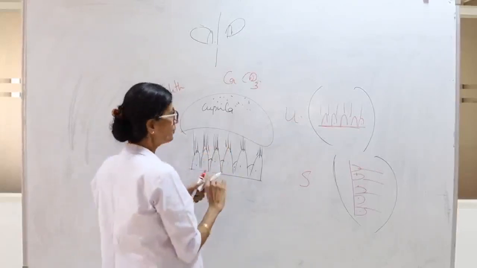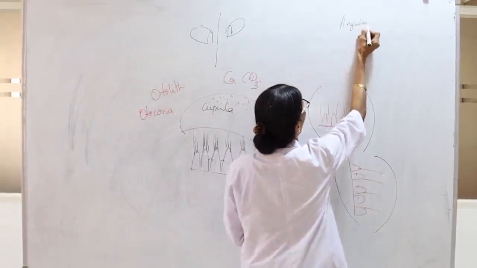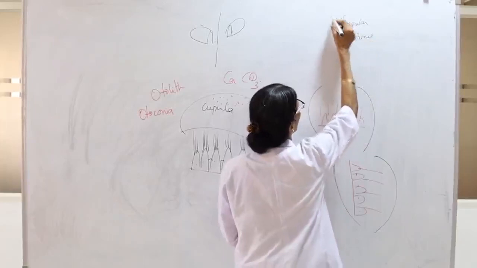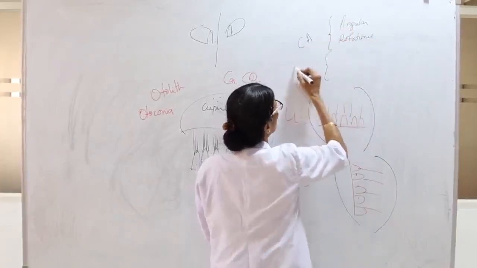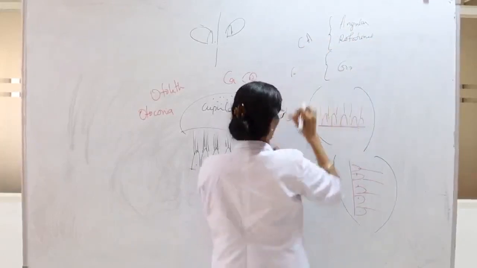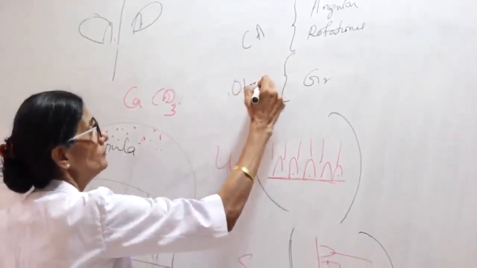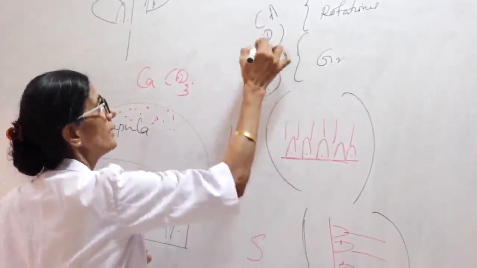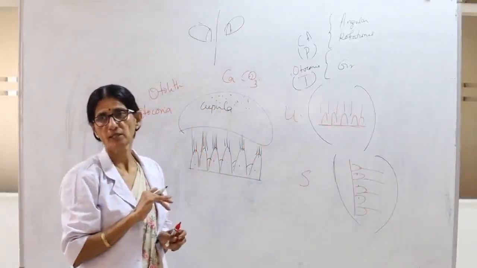So the acceleratory forces can thus be divided into angular and rotational for the crista ampullaris, and gravitational for the otoconia. And this is a tonic receptor and this is a phasic receptor. But both are stimulated by the acceleratory forces.